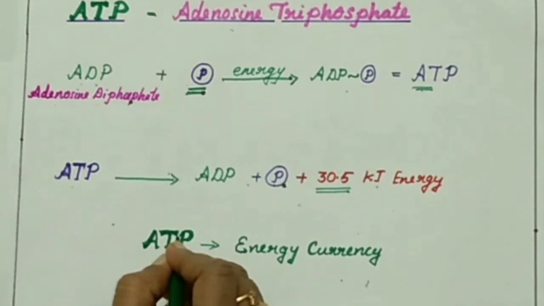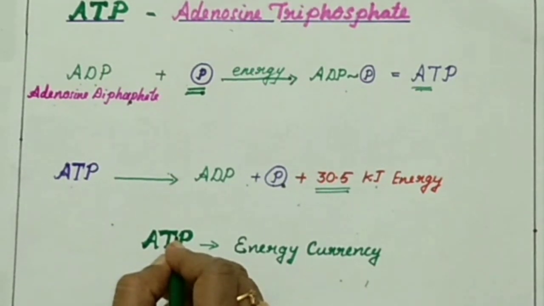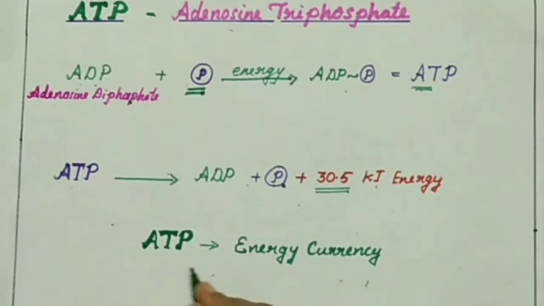If you want more money for other expenses, they will give more currency. Like that, whenever the cell needs more energy, more ATP molecules are given. So we can call these ATP molecules the energy currency of the cell.